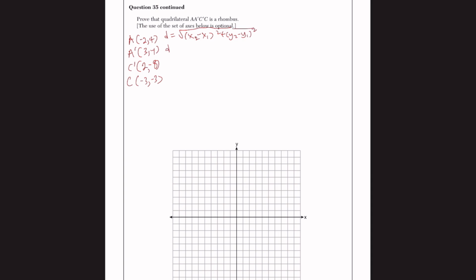Okay, distance of AC we know is radical 50 because we did it in the previous part of this question. Distance of A prime C prime is also going to be radical 50 because A prime C prime is the result of AC after a translation, and we know that translations preserve distance. Distance of AA prime, we're going to have to plug the coordinates into the distance equation and solve.